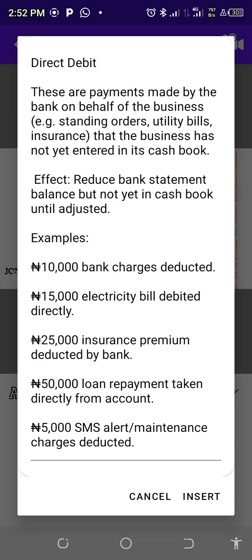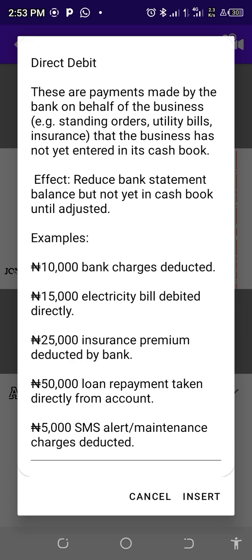The effect is that the bank has reduced the credit side of the bank, and the debit side of the cash book has not reduced. The effect reduces the bank statement balance, but not yet the cash book. This one is to be adjusted in the adjustment section of the cash book.